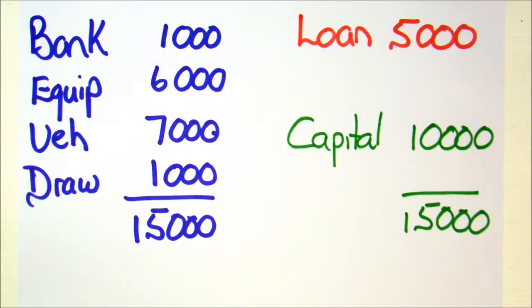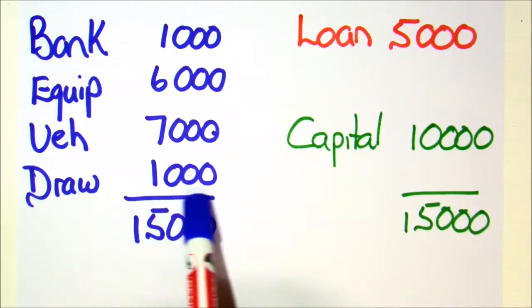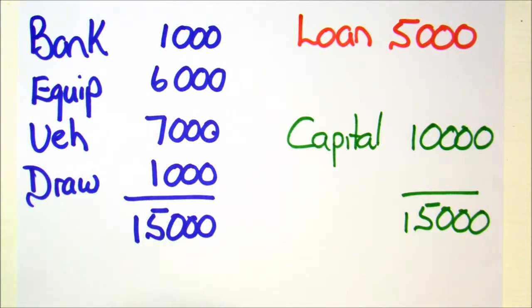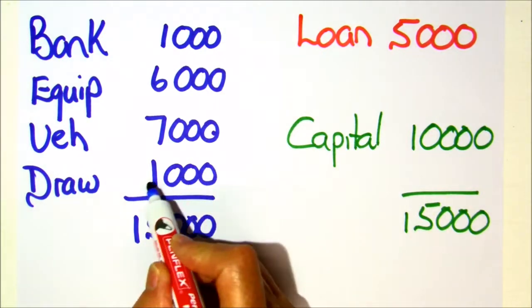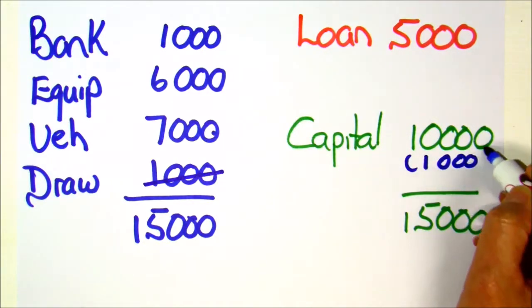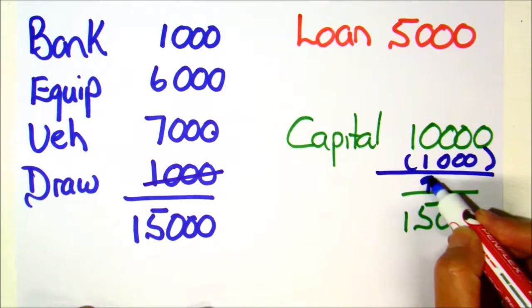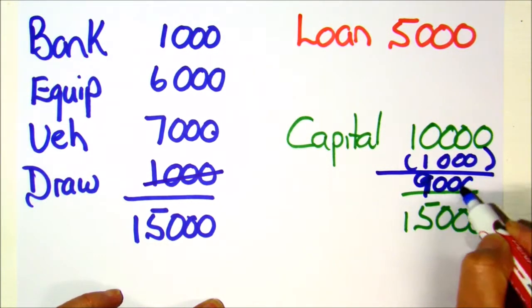Right, now just to finish this off, ask yourself the question that how much does this owner have invested in the business now? Remember, he started with 10,000, but he has withdrawn 1,000.